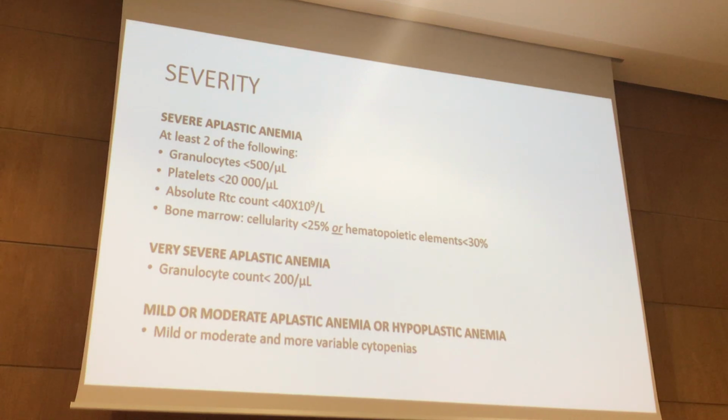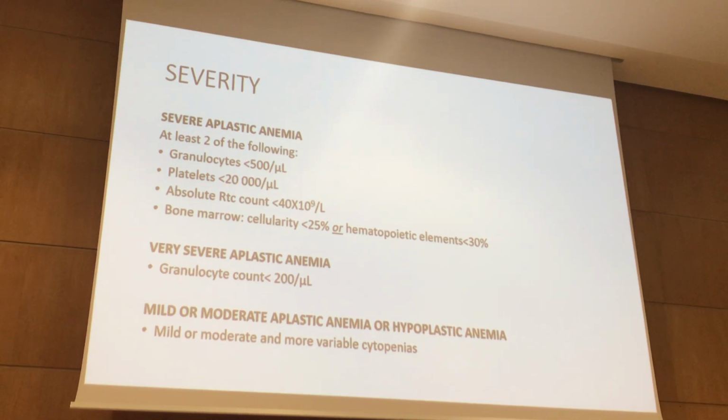If you pay attention, you may see that there is no criterion for hemoglobin level. The criterion is for reticulocyte count. What does reticulocyte count show? The number of immature red cells.